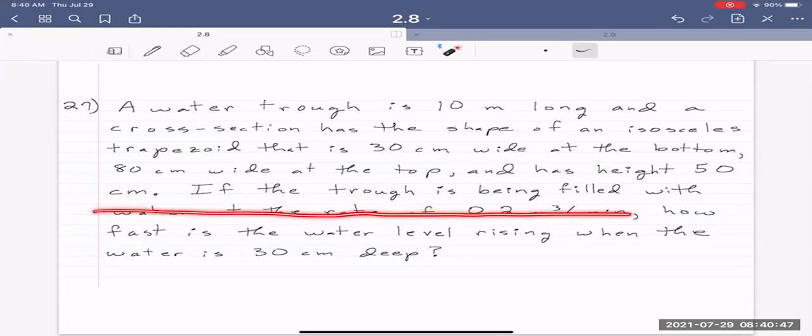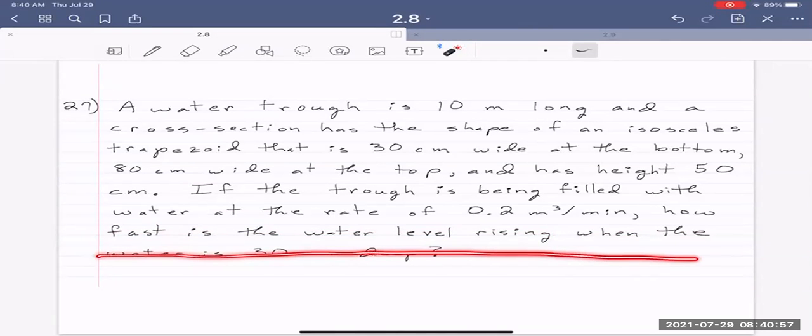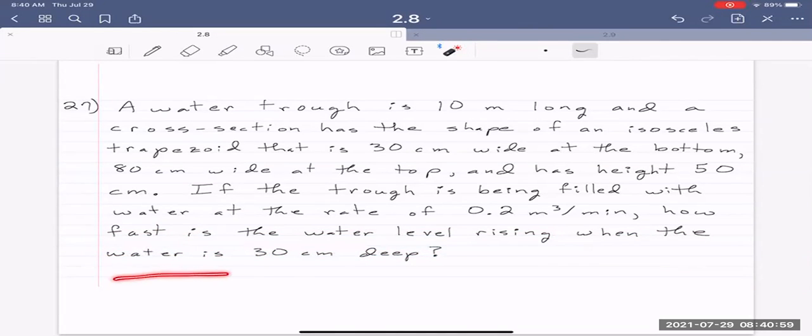If the trough is being filled with water at the rate of 0.2 cubic meters per minute, how fast is the water level rising when the water is 30 centimeters deep?